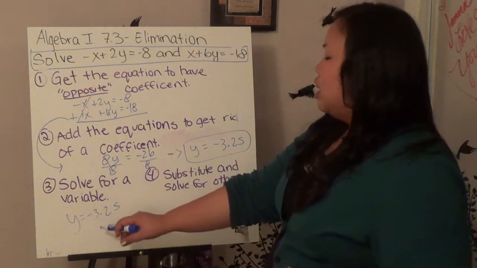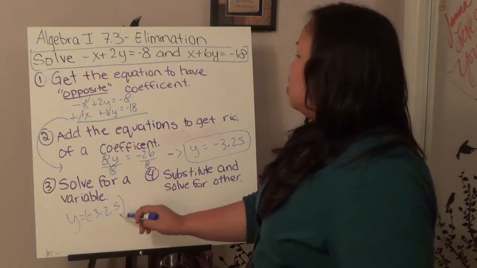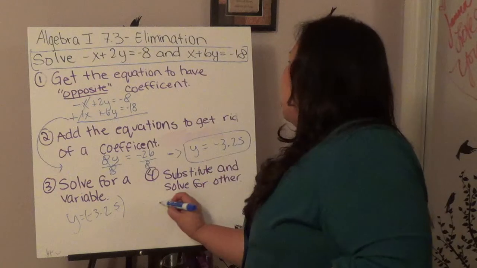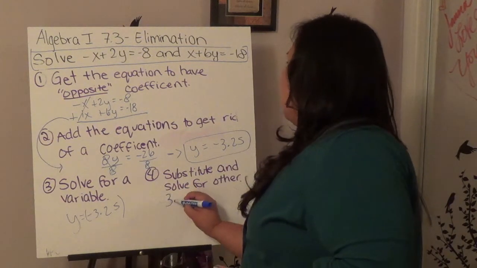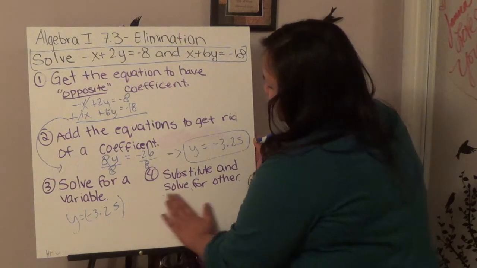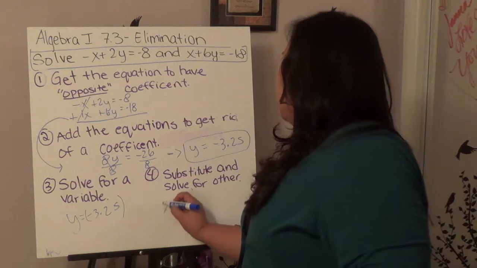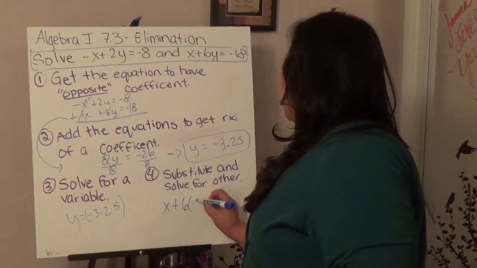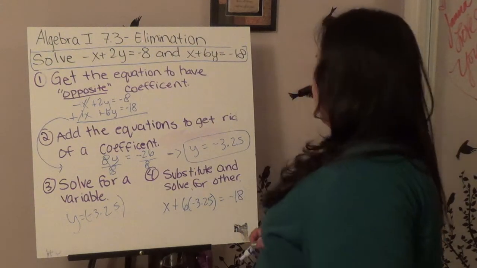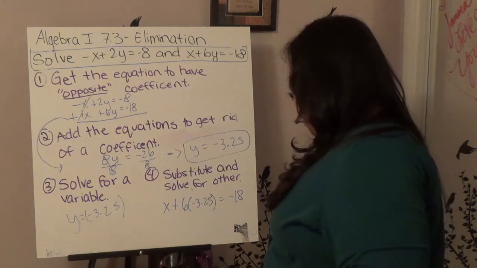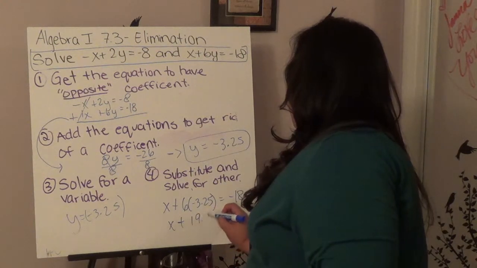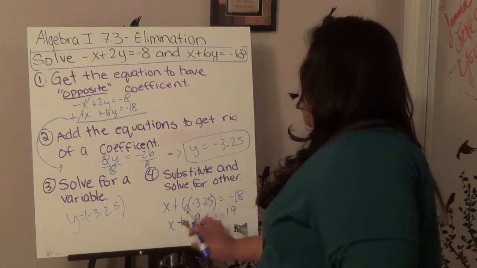The last thing I do is take this and plug it into whatever equation. Let's do this one because it seems easier. Negative 3.25. So this is replacing, oh no, sorry, this is replacing y, not x. So x plus 6 times negative 3.25 equals negative 18. So this is x plus negative 19.5 equals negative 18. Oh, sorry.